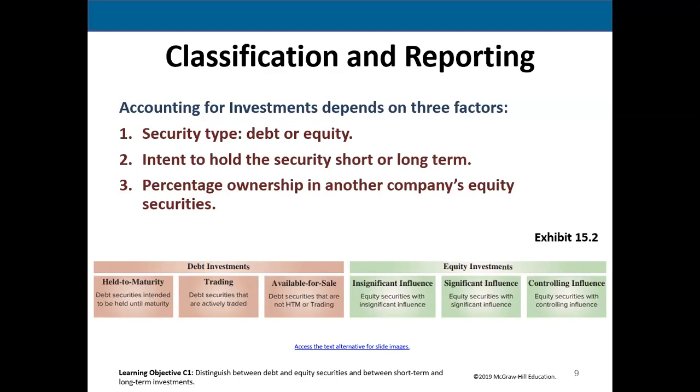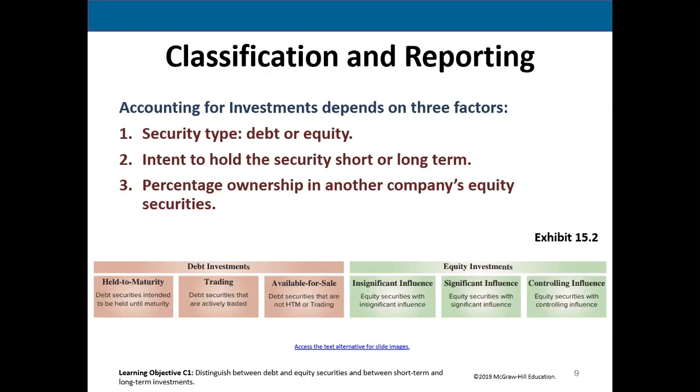Or are we going to sell them really quick within a couple months? We're not even going to hold them a year. We're going to sell them very quickly. We call them actively traded. So if we're going to sell them very quickly, 3 to 6 months, we put them in a category called trading, and that has its own type of accounting. So those are your 2 extremes.